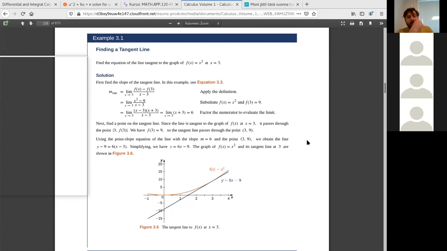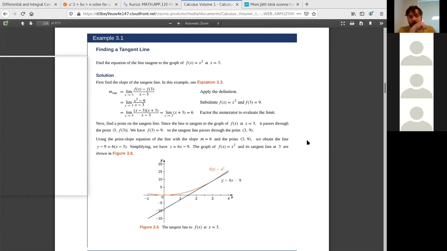But what's the line? That's the slope of the line, but we need to find what that actual line is. It has to go through the point (3, 9), and it must have the slope 6.